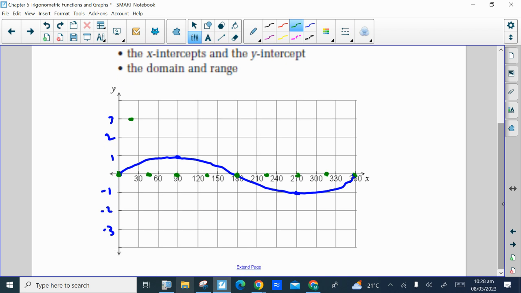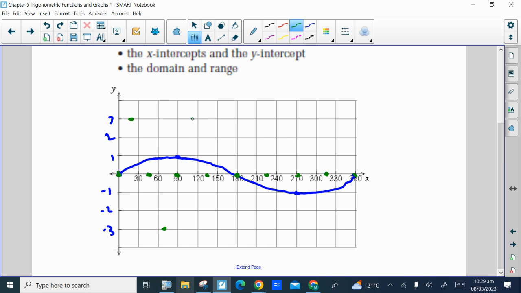Halfway between the next two x-intercepts will be at our minimum point. Again, that'll be 22.5 degrees past this one here, which is at 45 degrees. So halfway in between these ones, approximately there. Then we're back to the middle.